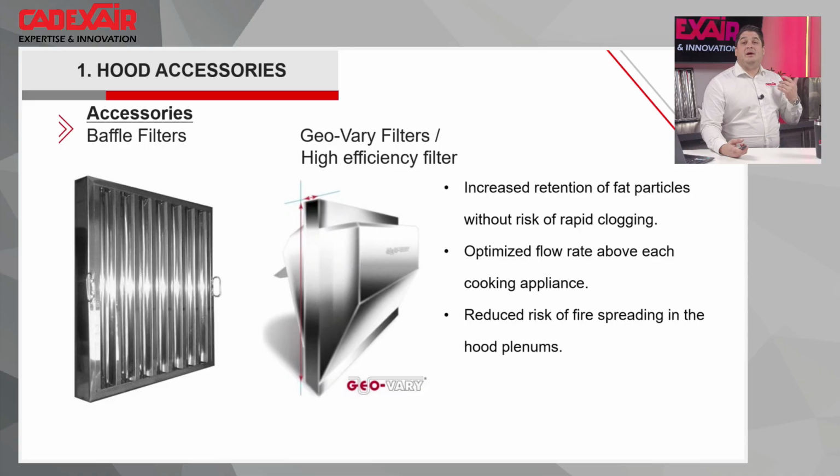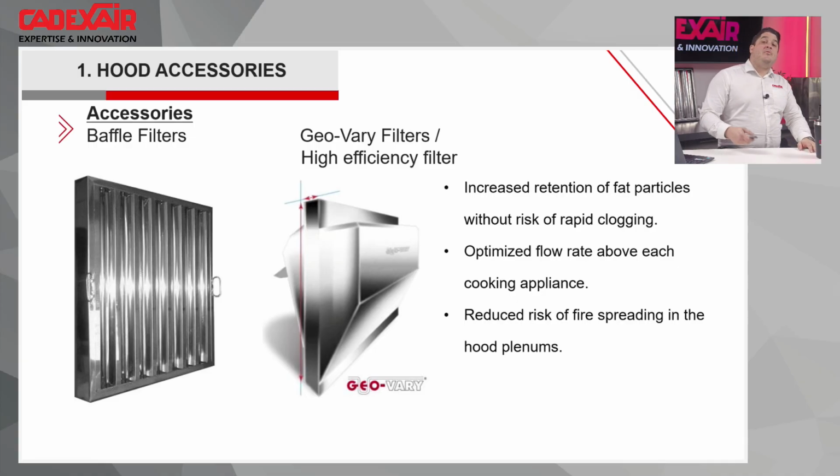Normally they will have better retention or capture of grease particles inside of the filter. What I like with the GeoVary is that maybe it's not the best one to get the smallest particle, but it's a filter that is extremely difficult to clog. They have a lot of space inside the filter, and we have a good result on capture with this product.